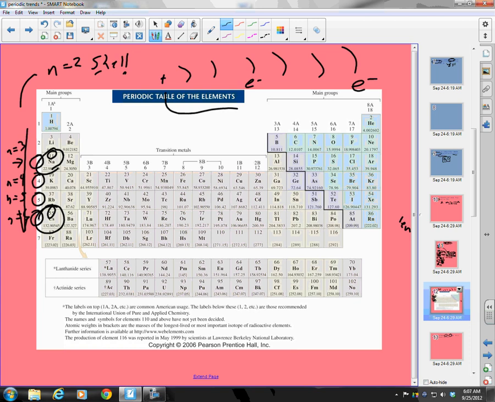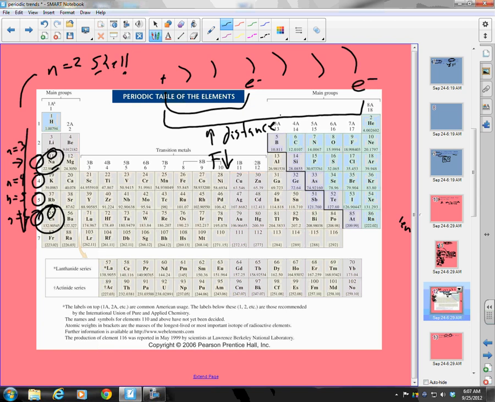And so what's the difference between these? The big difference here is distance. And remember what I said with Coulomb's law. As my distance goes up, the force of my attraction goes down. And if there's less force, then the pull on the electron is not as great. So that means my electron cloud is bigger. You guys follow that?